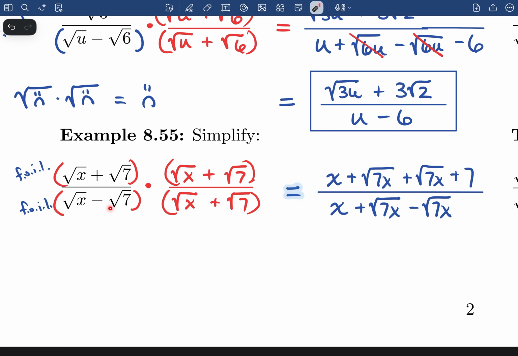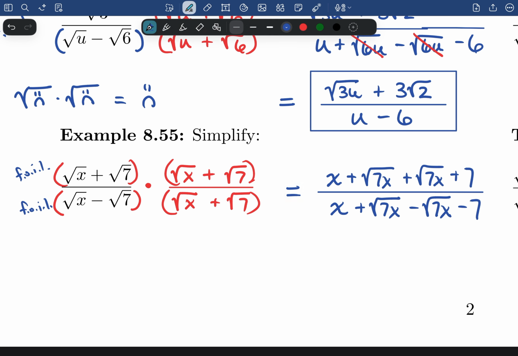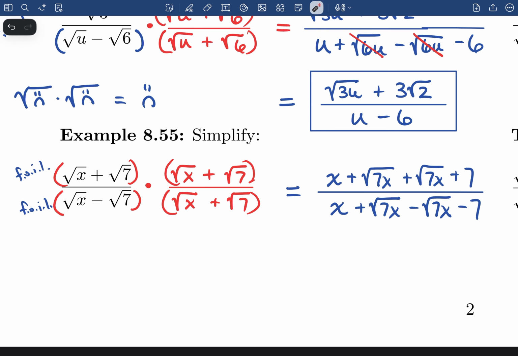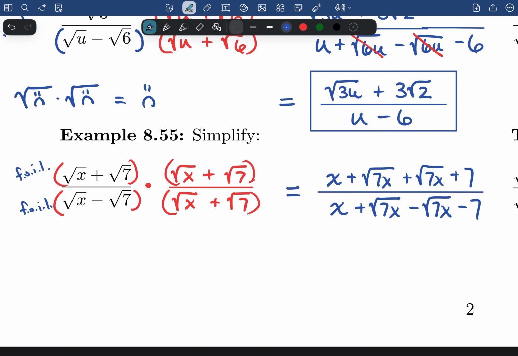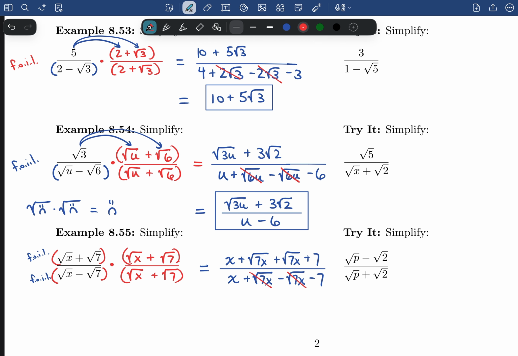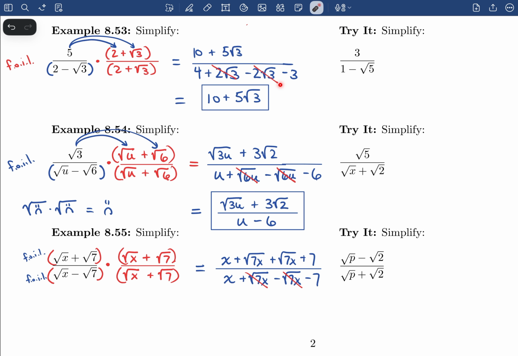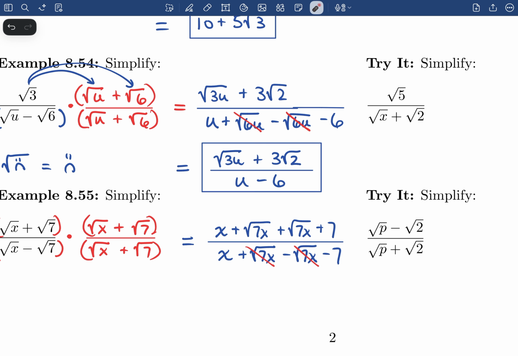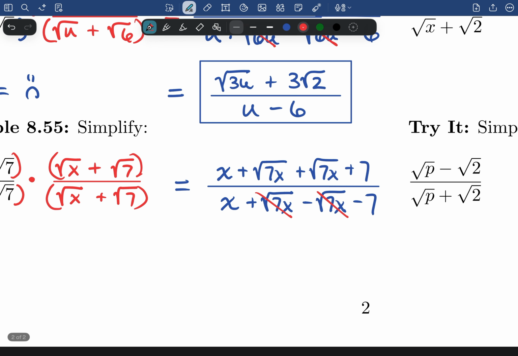And last terms, negative root 7 times positive root 7 is negative 7. And since we multiplied conjugates together in this denominator, the outer and inner terms of foiling cancel each other, just like has happened with the previous examples. You guys see a pattern? The outer and inner terms of the denominator conjugates, when you multiply them together, they cancel.